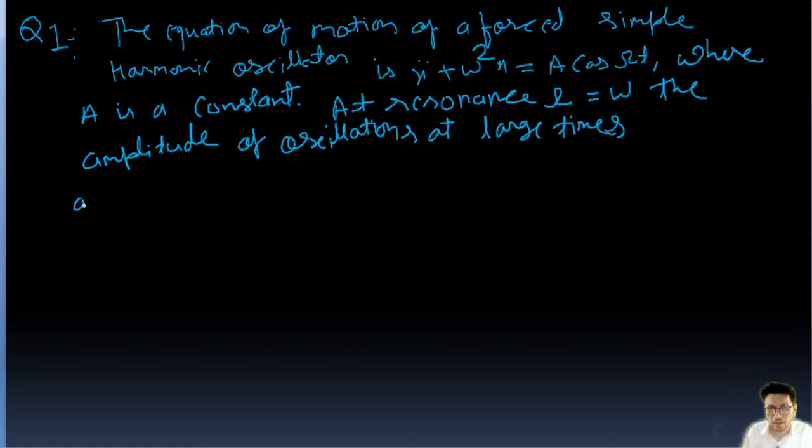Options are, so these are part C questions of CSIR NET Physical Science June 2019. So the amplitude of oscillation at large times.